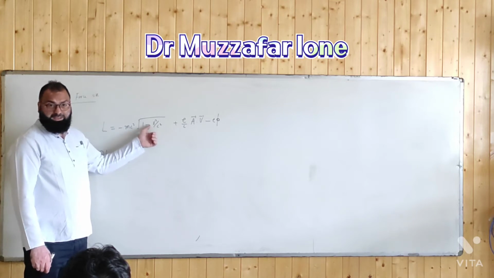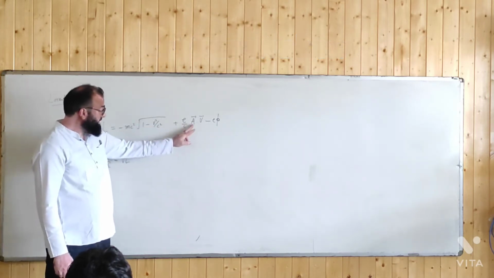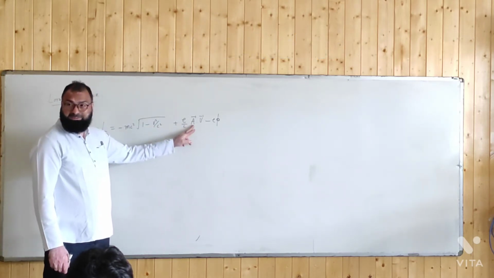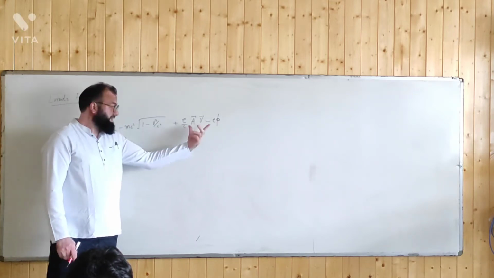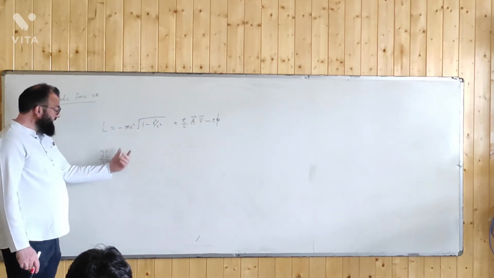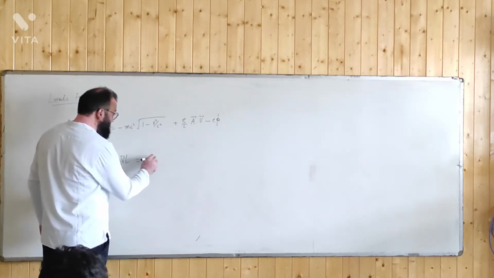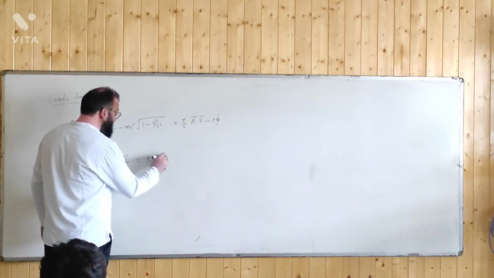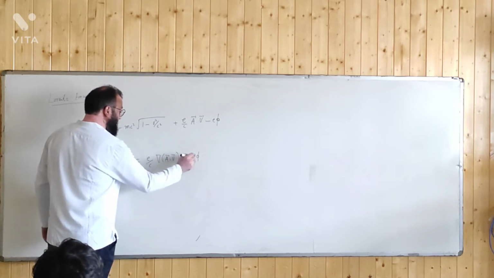Velocity does not depend on R explicitly. But this A is a quantity which depends both on space as well as time, and phi also depends on space and time. That means both these two terms have R dependence. So if I take the gradient of L, the other term will not contribute. I will be having e by c, gradient of the dot product of A and v, minus e gradient of phi. Clear?